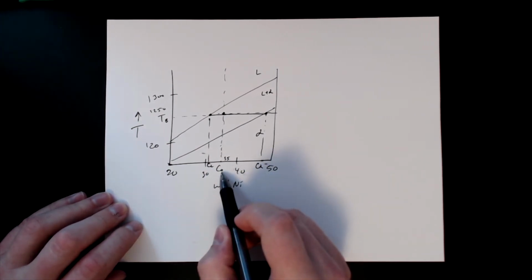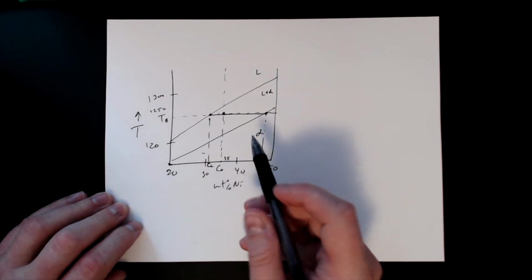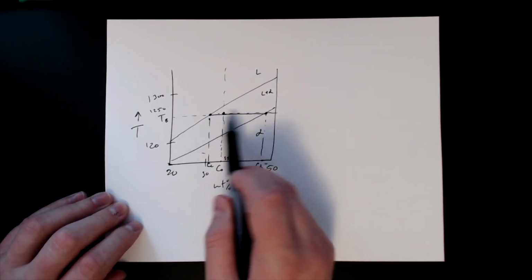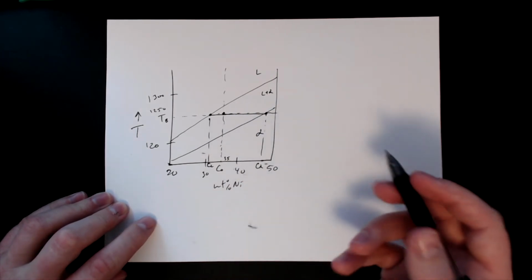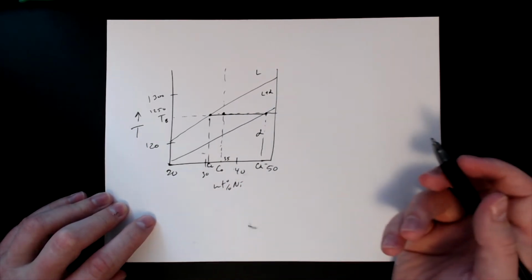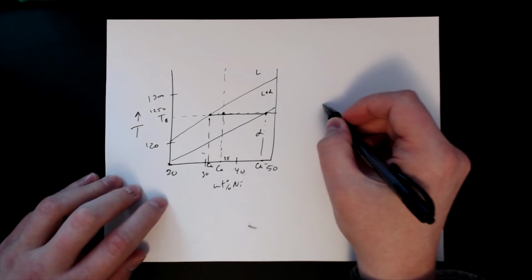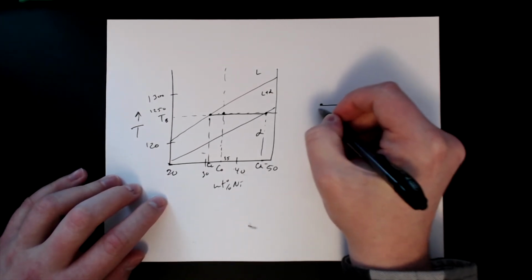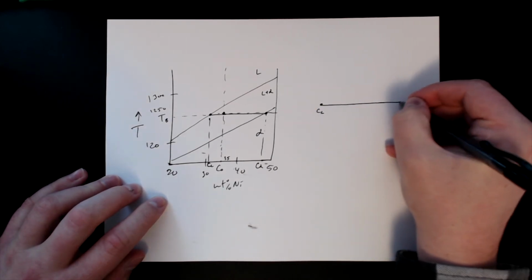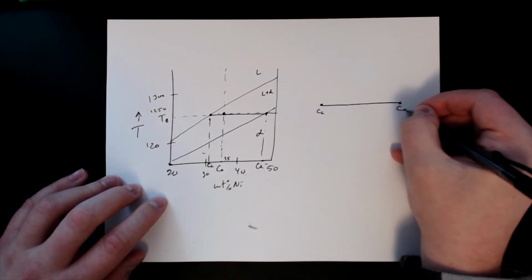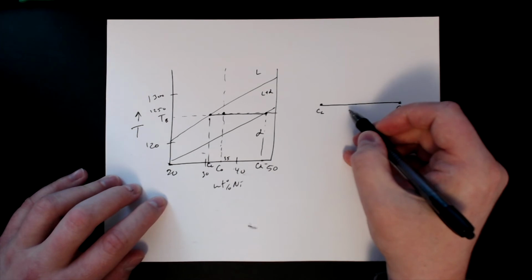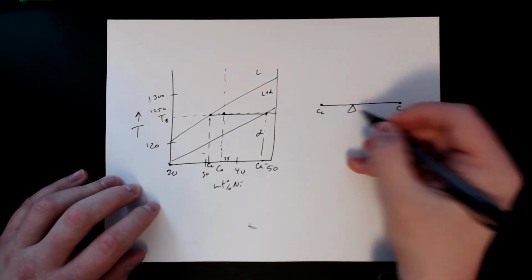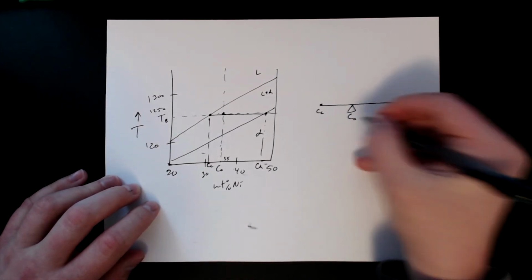Our alloy is 35. And from this tie line, we can think of this as our lever. So let me draw this just independently. Let's say I have this tie line. This is C liquid, this is C alpha, and our fulcrum for the lever is our alloy composition.